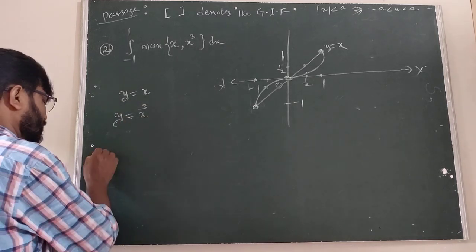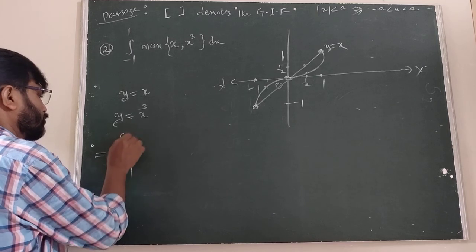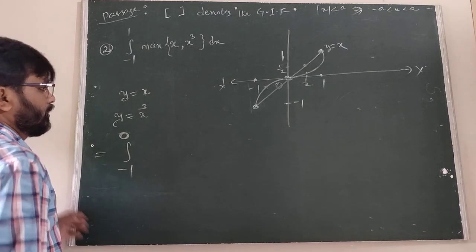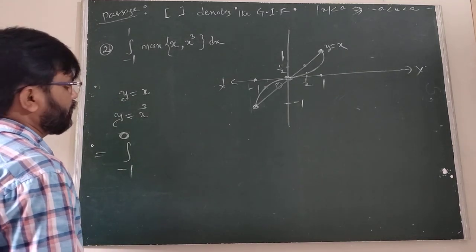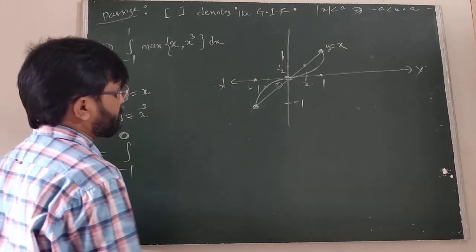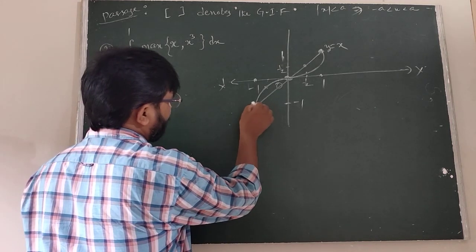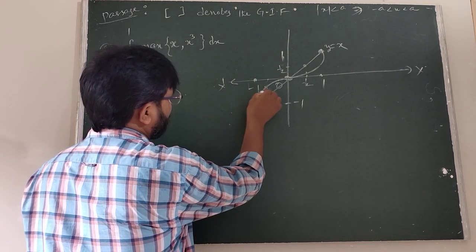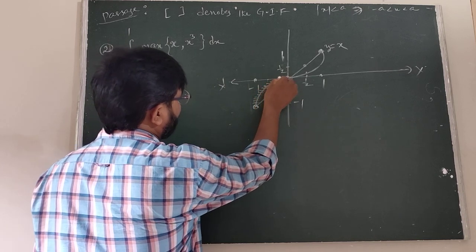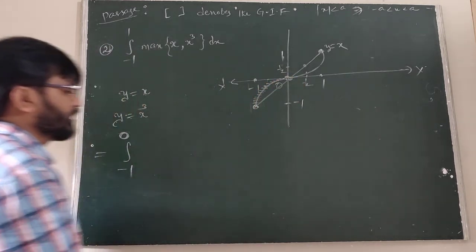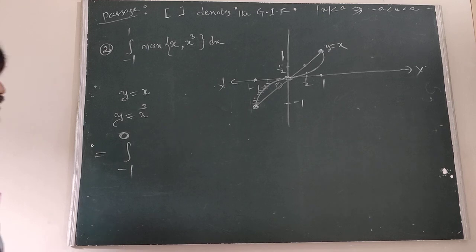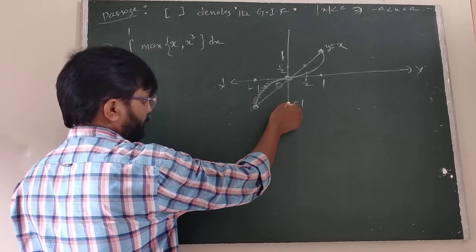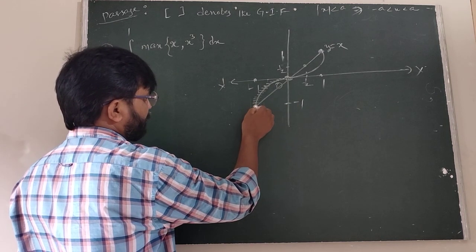Now we are taking the region first, minus 1 to 0. In minus 1 to 0, the maximum is here. In the negative numbers, the value that is less in magnitude is the maximum. Is it clear or not? Suppose we are taking minus 1 by 2, and this is minus 1 by 8.